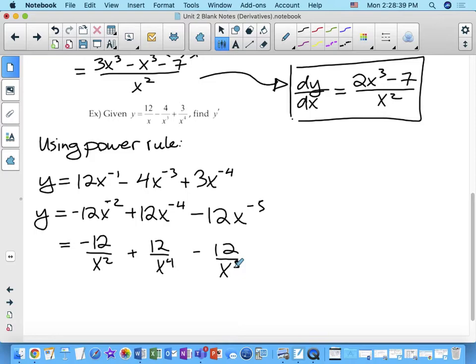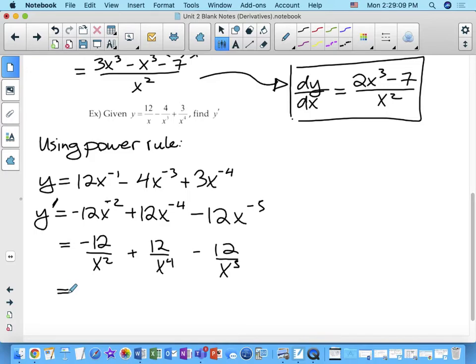And then, oh, sorry, this should be y prime, my bad. Let's also try and get a common denominator. So between these three denominators, x squared, x to the 4, and x to the 5, what's the least common denominator? X to the 5, that's right. Because we have to have 5 x's in there. So here we're missing 3, right? Because we only have 2.